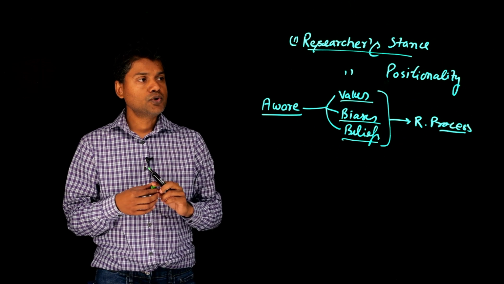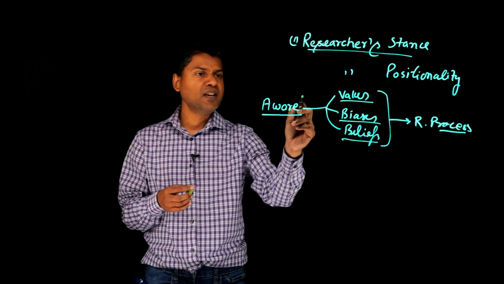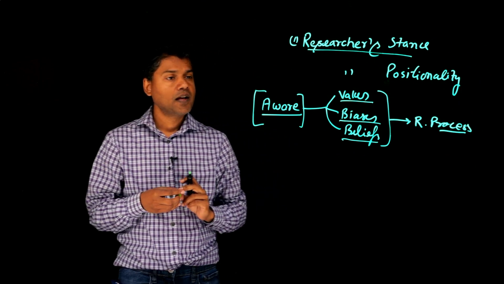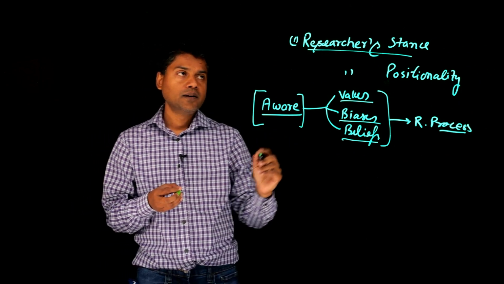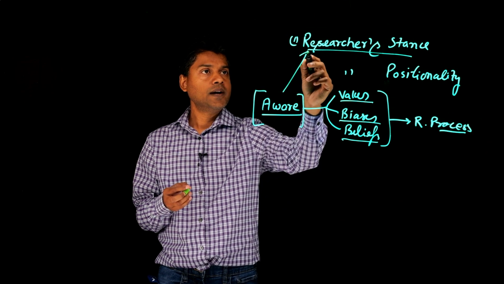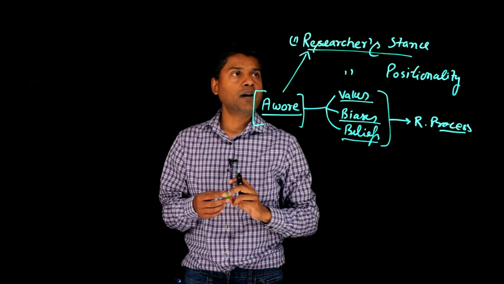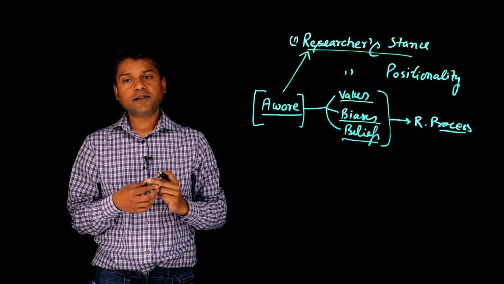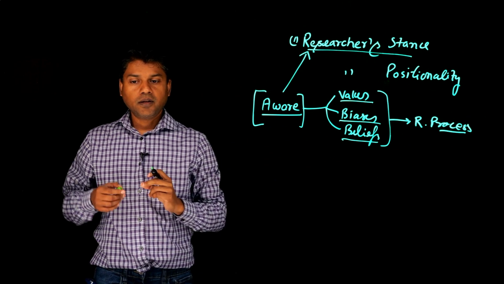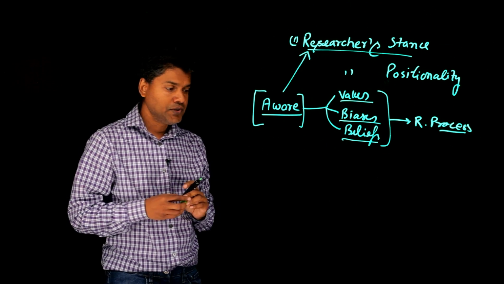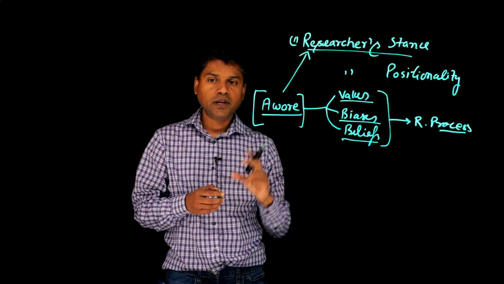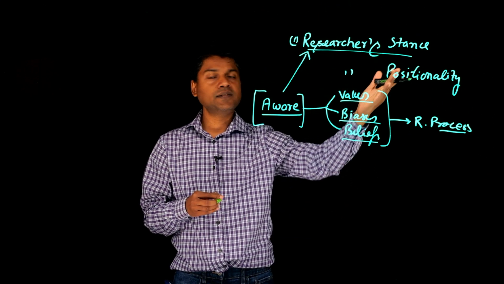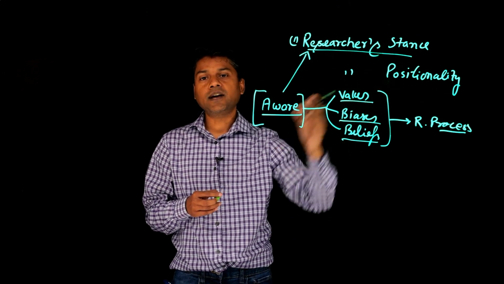So to control that, the first step is obviously being aware of these things. And to do that, what we do as researchers, we talk about researcher stance or researcher positionality. In almost all qualitative research, under the method section, there is a subsection called researcher stance or researcher positionality.